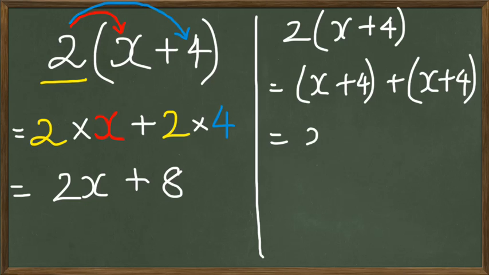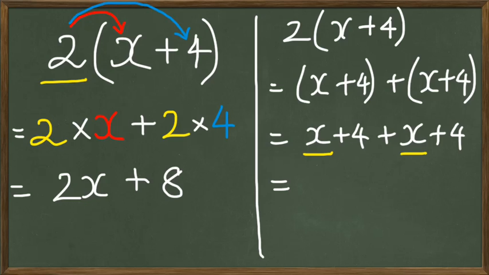When we remove the brackets, we get x plus 4 plus x plus 4, and collecting like terms, your 2 x's will be 2x, and collecting your 2 fours, it'll be positive 8. And once again, you can see that both of these answers are the same.